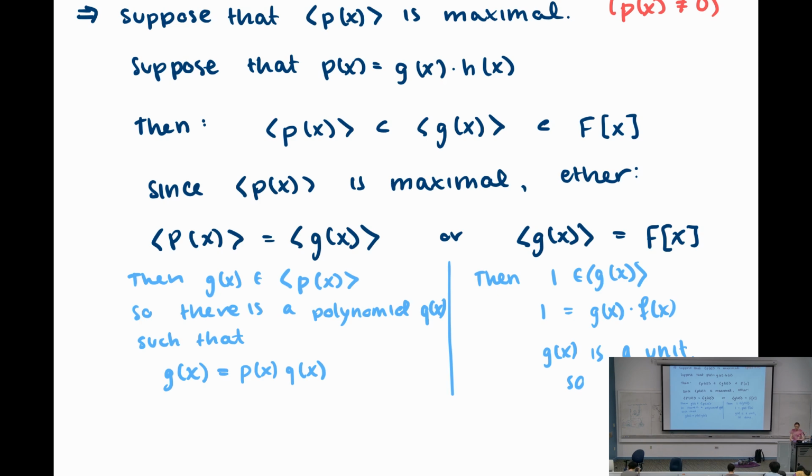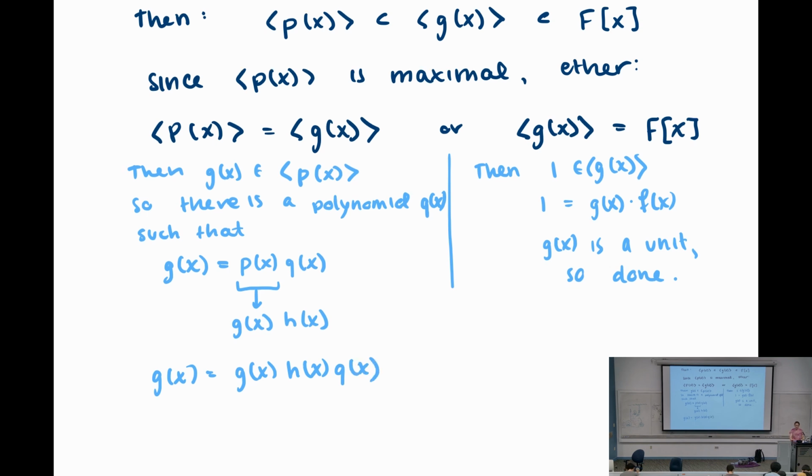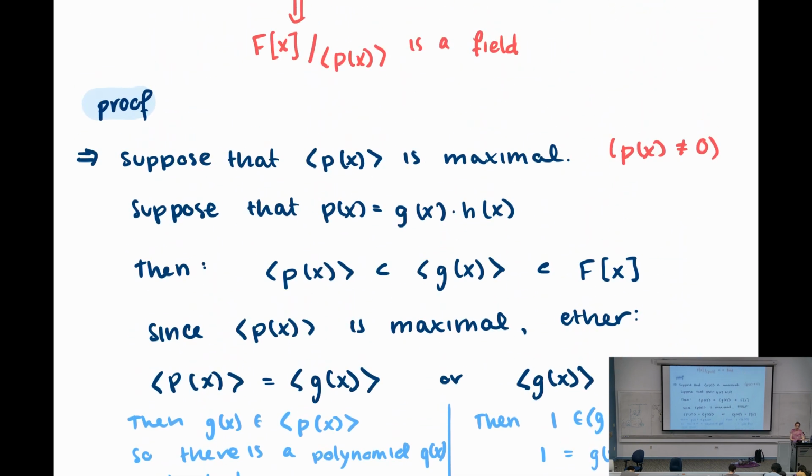But then we also know that P(x) itself is equal to G(x) times H(x). So we can rewrite this whole equation as G(x) equals G(x) H(x) Q(x). And since we're in an integral domain, we have cancellation. So this means that 1 is equal to H(x) Q(x), which then means that, looking back, what did we actually want to show?